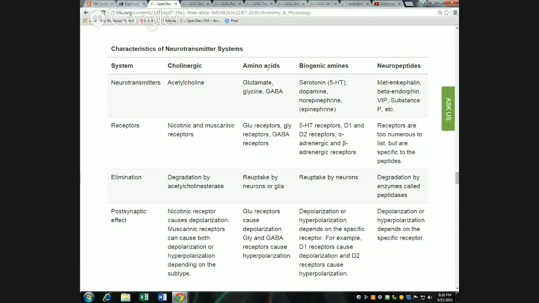Glutamate, glycine, GABA, and serotonin are all specifically one or the other because all of their receptors do the same thing. The last column there, I never talk about anyways in class, which is that there are proteins that act as neurotransmitters, sometimes also called neuropeptides. They do various things, which I don't have any questions about in any of the assignments, so I'm not going to bother talking about it.